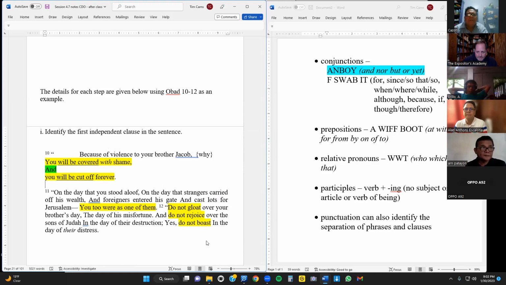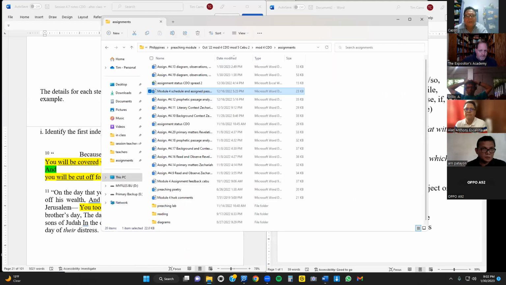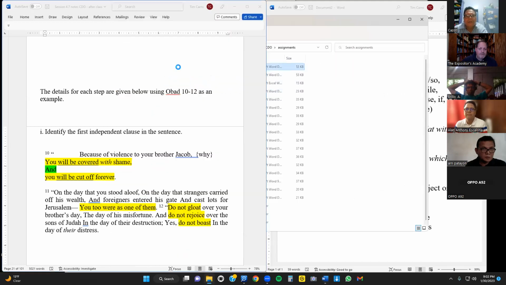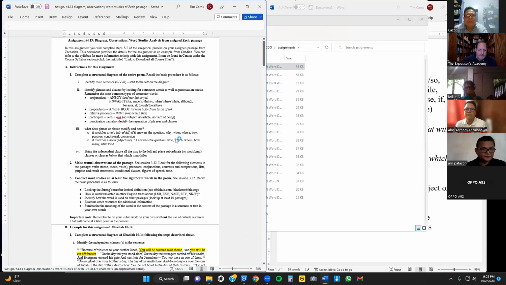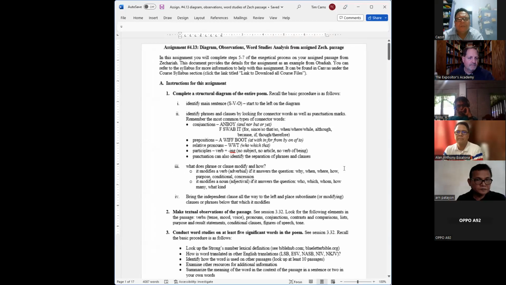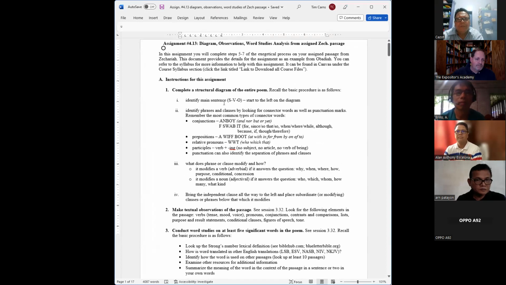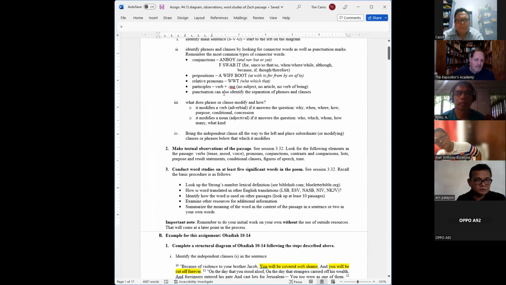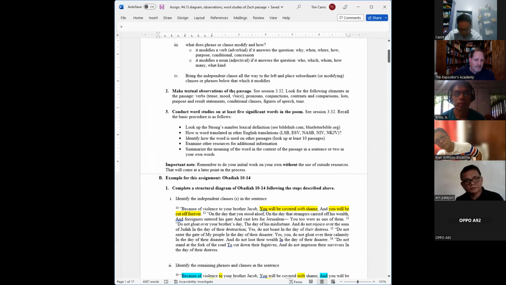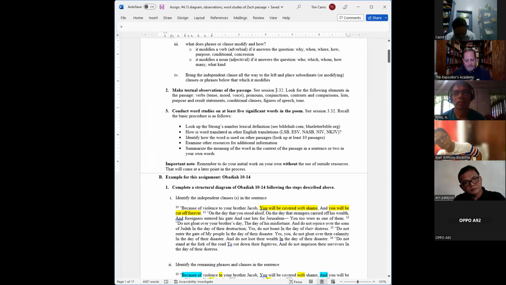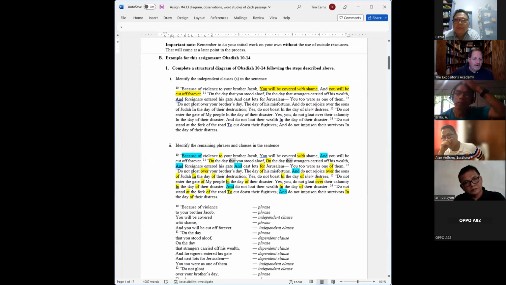So for the assignment, did I pull it up here? Okay. Here's the assignment. This is on Canvas. It goes through the diagram we've just done.